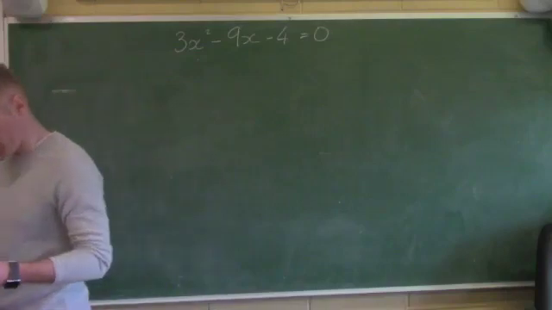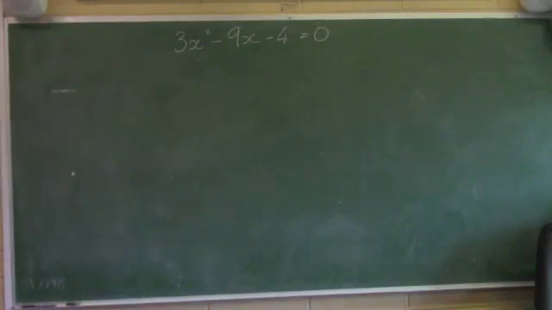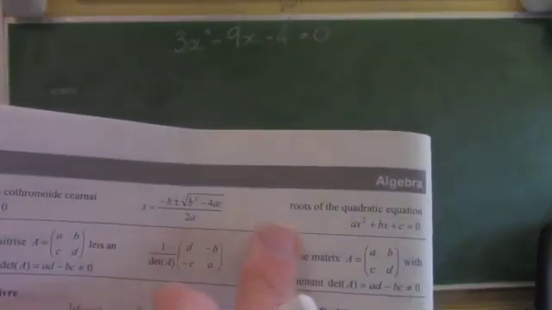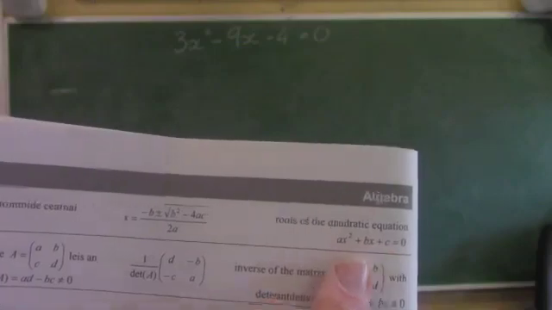However, if we go to page 20, just to show you this, page 20 in our log tables, the very top of the page, it says algebra, and our -b formulas are here, the roots, written very similar to how it's written up there.